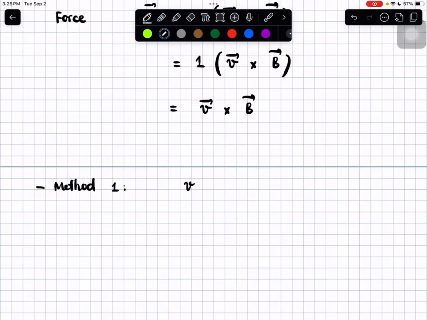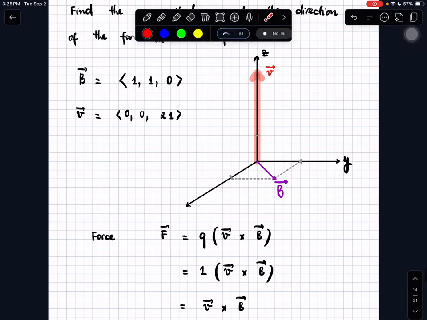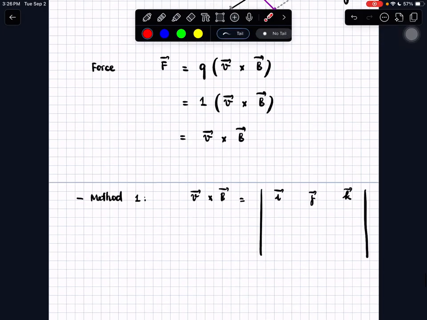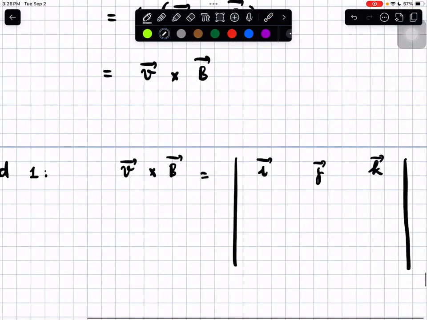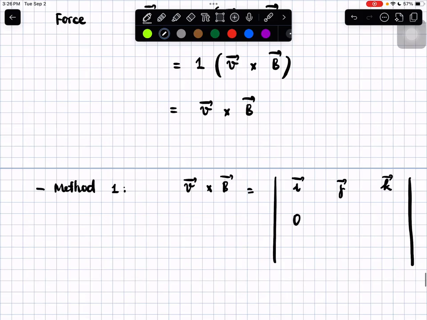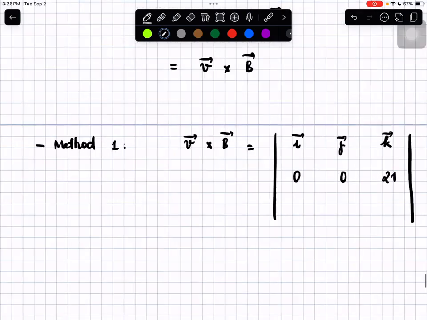Compute V cross B. You write down the first row as i, j, k. The second row corresponds to vector V, so we have 0, 0, 21. The last one is 1, 1, 0.